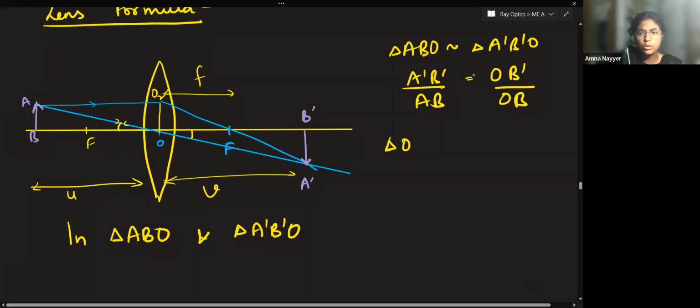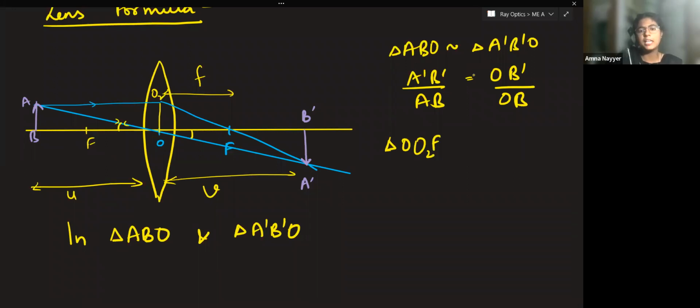Triangle O2 and F, and this triangle A dash B dash and F. See, this vertically opposite angle and this common side.